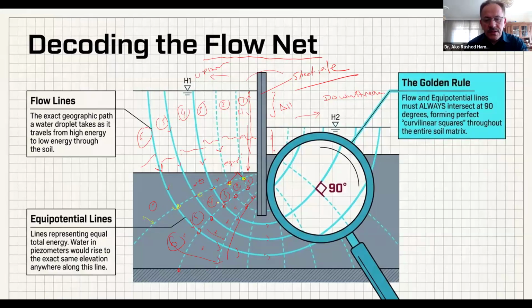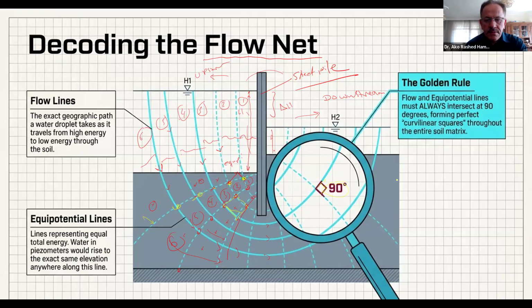As you can see, the flow lines and the equipotential lines intersect at a 90-degree angle. It means these are like a cube.